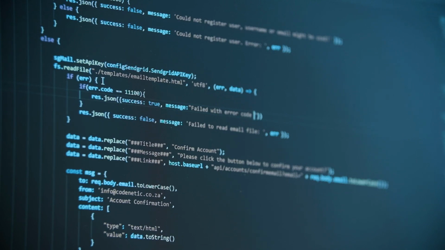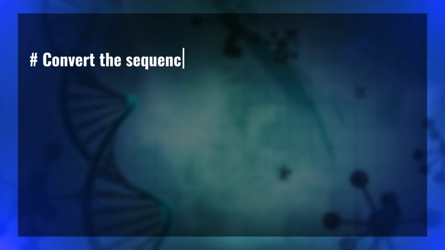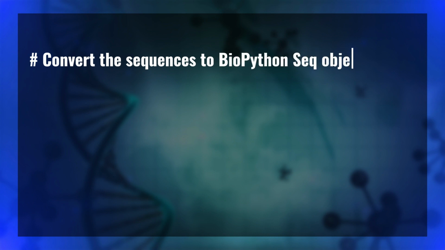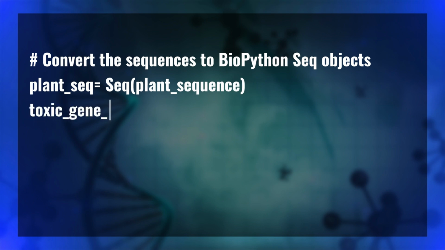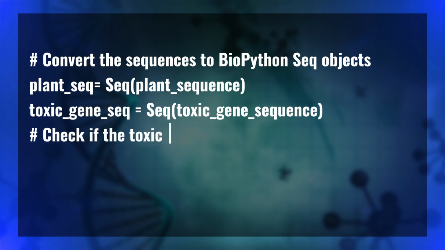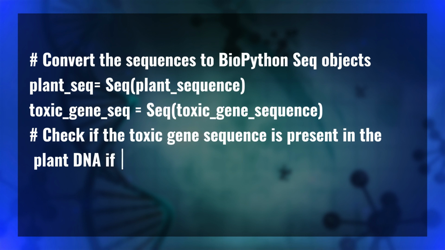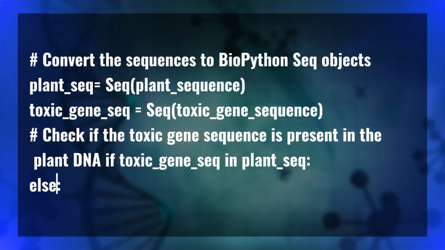So, the Python code for this conversion is: plant underscore seq equals Seq. Remember, Bio, B is capital; Python, P is capital; Seq, S is capital. Plant underscore seq can be anything because it's just a name.